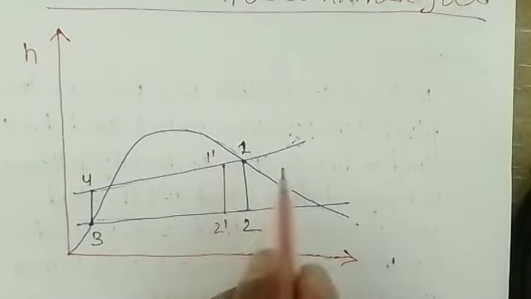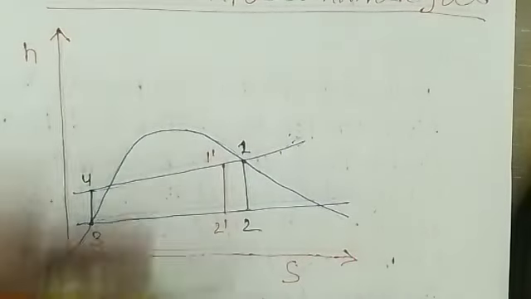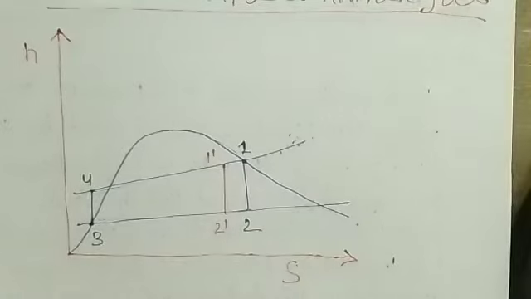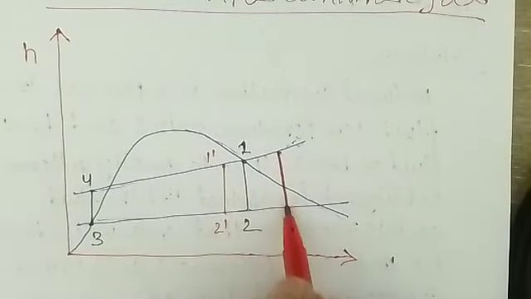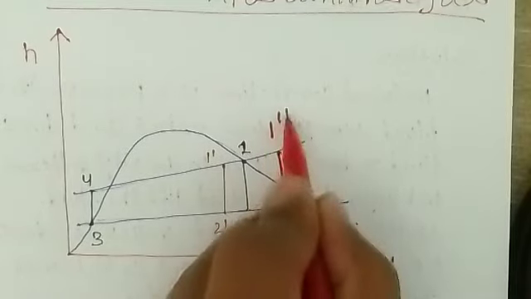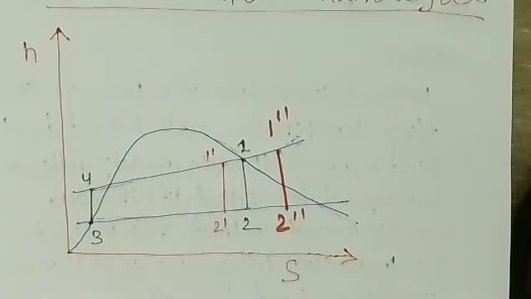Again this is the superheated. For superheated it will be like this. Let's say this is superheated, so this is 1'' and this is 2''. Okay, so this is how you have an enthalpy and entropy diagram for the simple Rankine cycle.